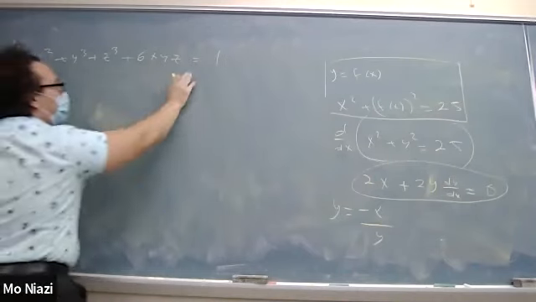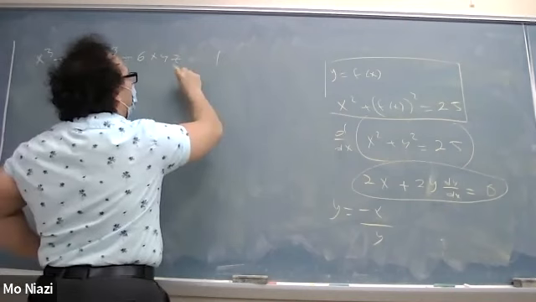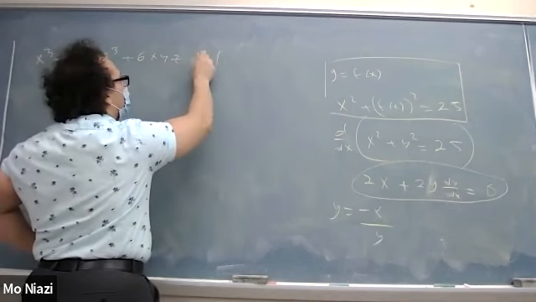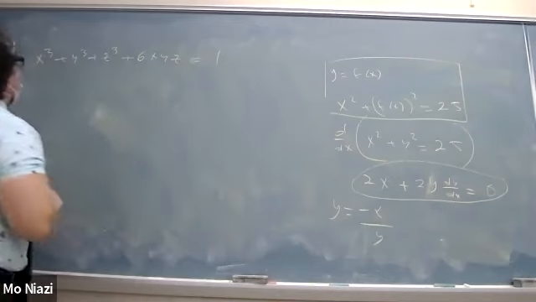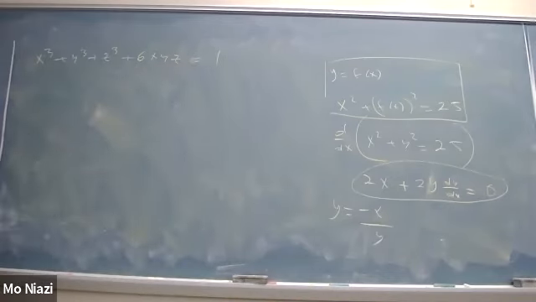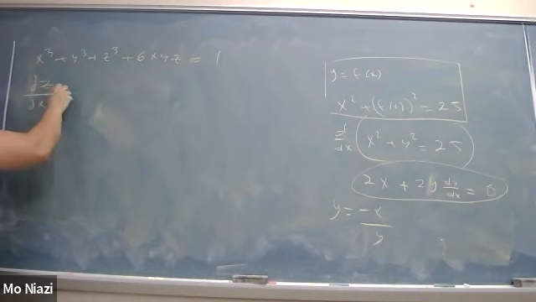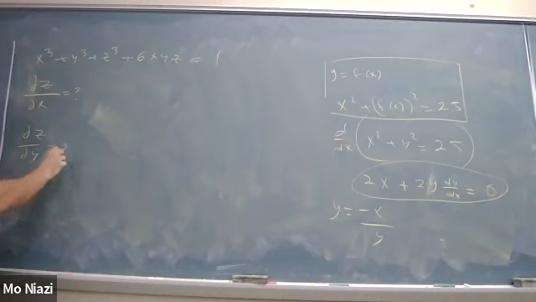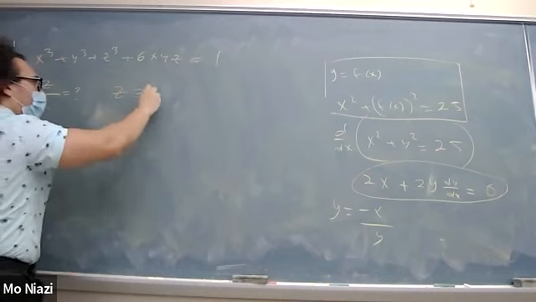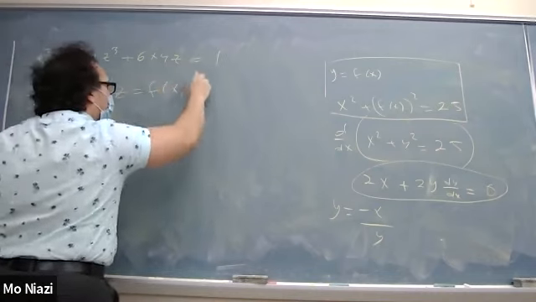Notice that, had I defined it like this, this function right here is defined in 3 variables. What we want to find is partial z, partial x, and partial z, partial y. So what's going to have to happen is z is going to have to be defined as my f of x, y.